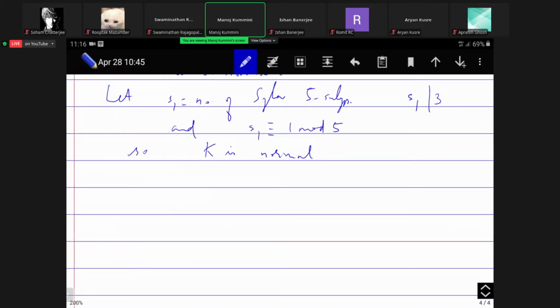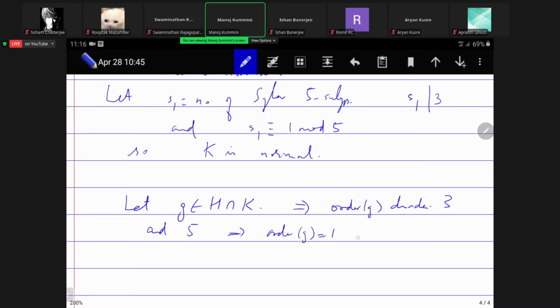So now we need to prove a slightly useful lemma. So suppose g is in H intersect K. This means that the order of g divides 3 and 5, which means that the order of g is 1, which implies that g is 1.